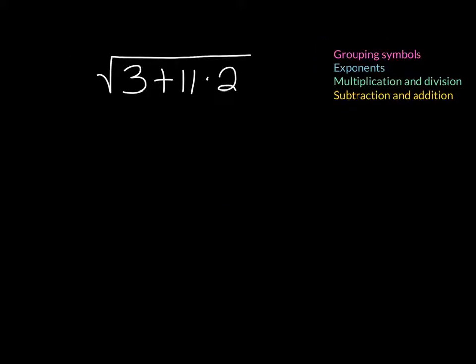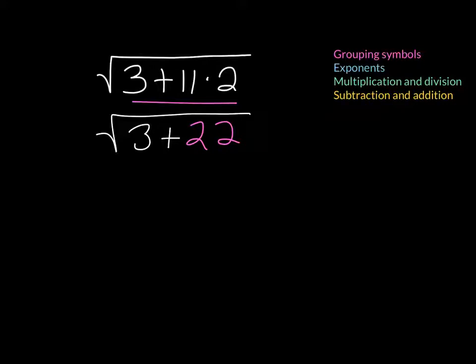Okay, for this one, our square root symbol, or a radical, actually acts like a grouping symbol. And within the grouping symbol again, we have multiplication and we have addition. The multiplication comes first, so we will start there with 11 times 2, which is 22. We keep everything else as it is.